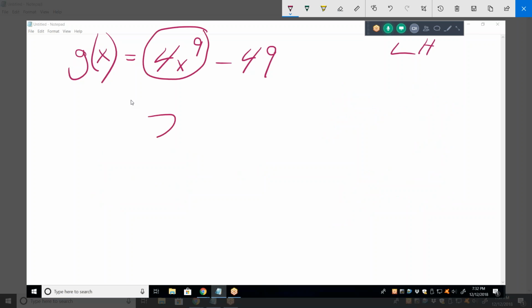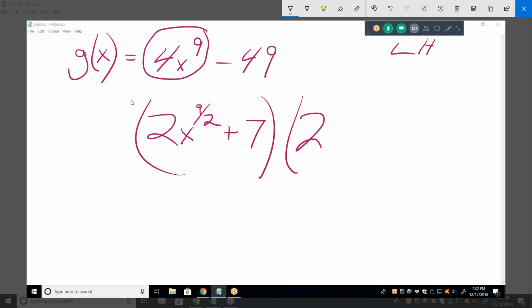Well, how about 2x to the 9 halves plus the square root of that? That should be a true statement. Not a typical way to factor something by giving it a fractional exponent. But it's also not very typical having ninth degree polynomials.